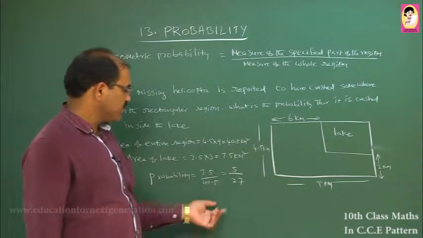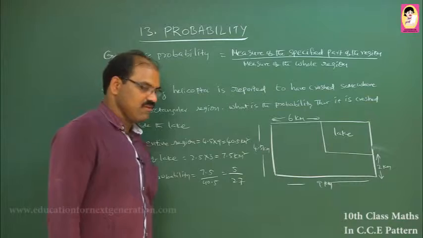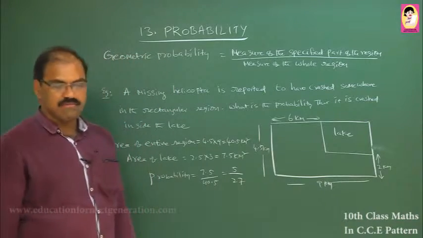If you simplify it, it is 5 by 27. This is the geometric probability.